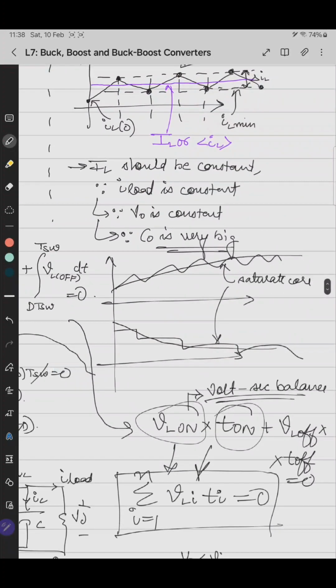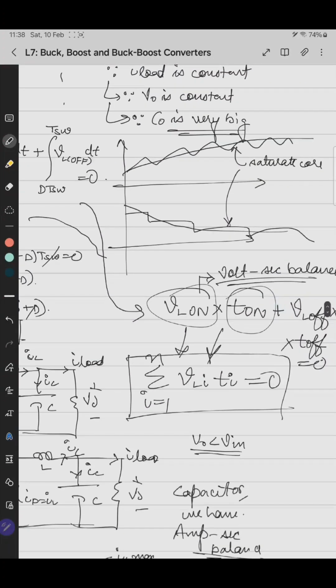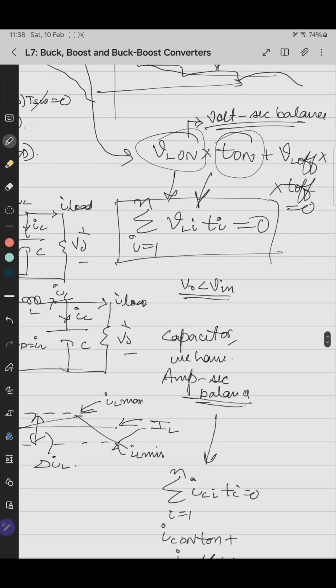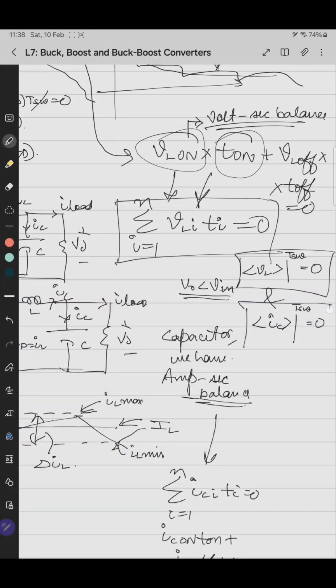For volt second balance, VL on into T on plus VL off into T off is 0, which means that the area under the VL versus time graph is equal for the charging and discharging phase, which means that the average value of the inductor current during the whole switching period will be 0. Similarly, the average value of the capacitor current waveform during the whole switching time should be 0.